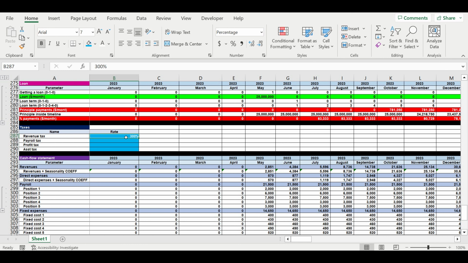So for example, 3% tax from revenue, payroll for example 8%, profit tax for example 6%, asset tax for example we will have a $2,000 payment per month.